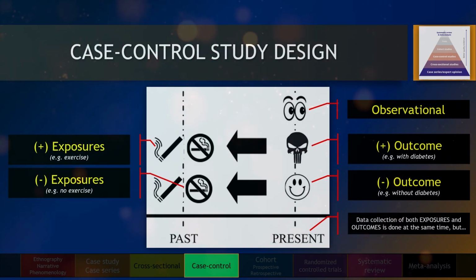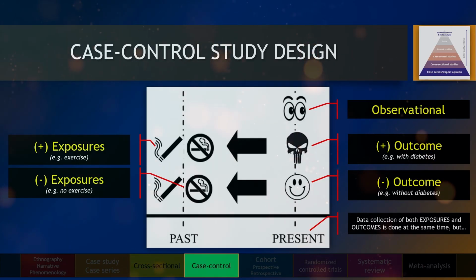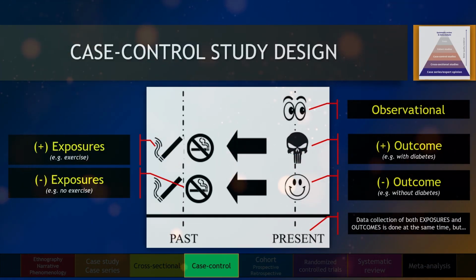Data collection of the exposures, however, is done retrospectively, meaning subjects are selected at present, but we review their past records to see if they have had the exposures in the past. Thus, the retrospective direction of inquiry starts at present, then reviews the past.